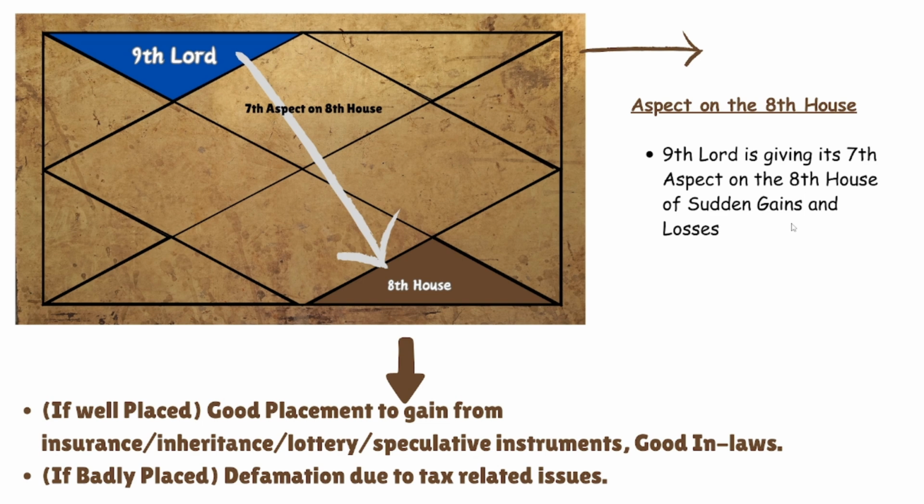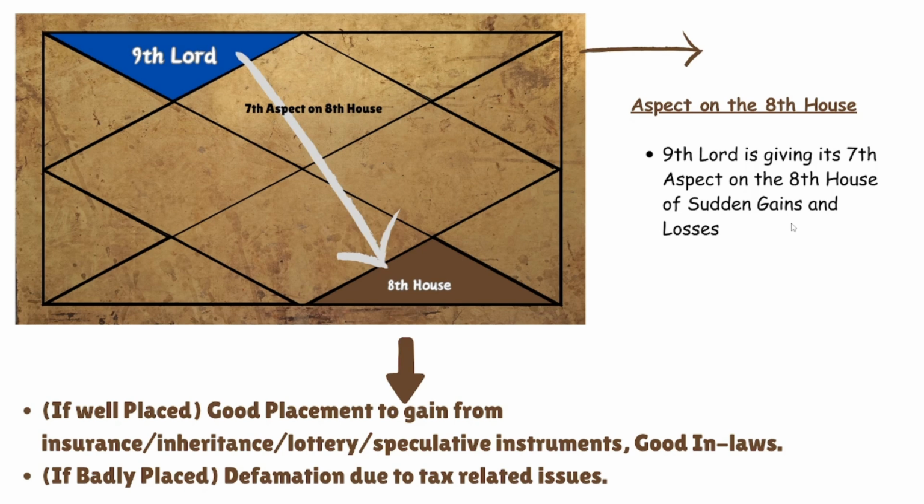Now, ninth lord sitting in the second house is giving its seventh aspect on the eighth house of sudden gains and losses. So, if ninth lord is well placed, then literally luck is seeing your house of in-laws, inheritance, lottery.